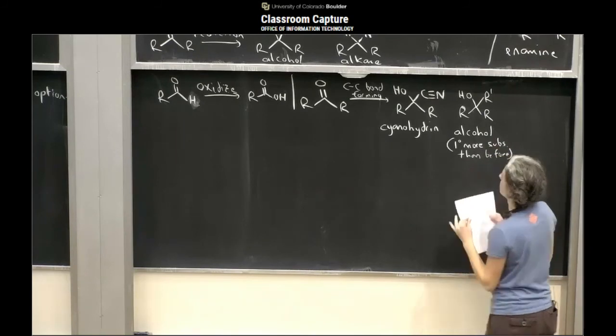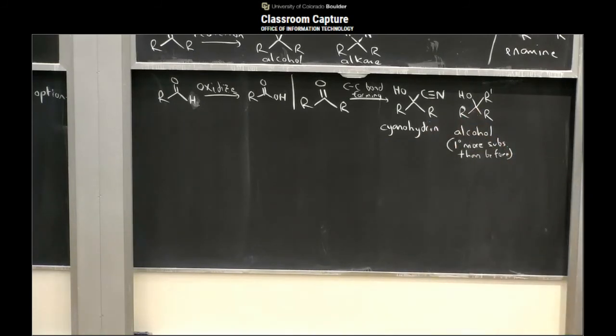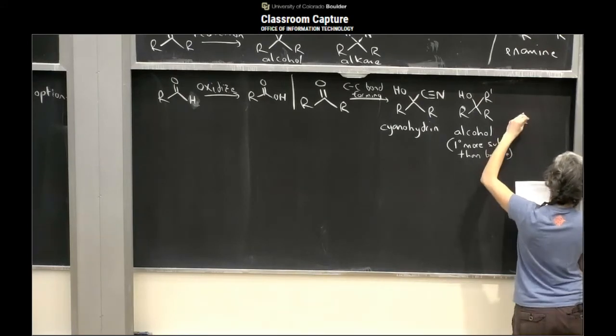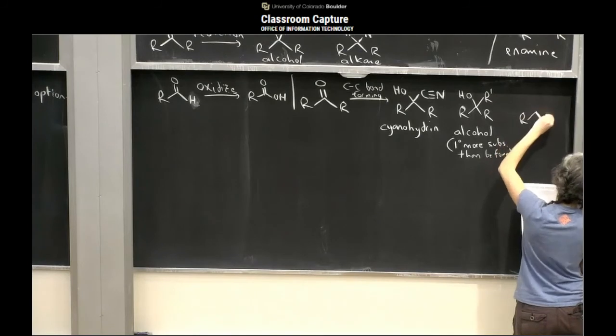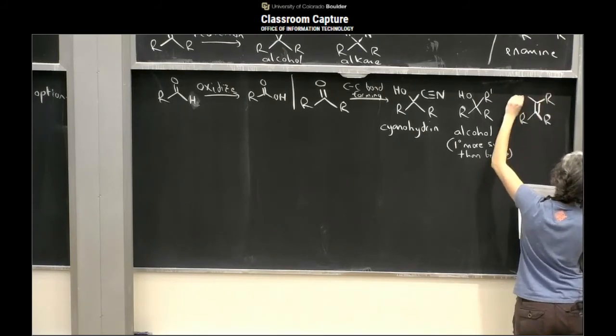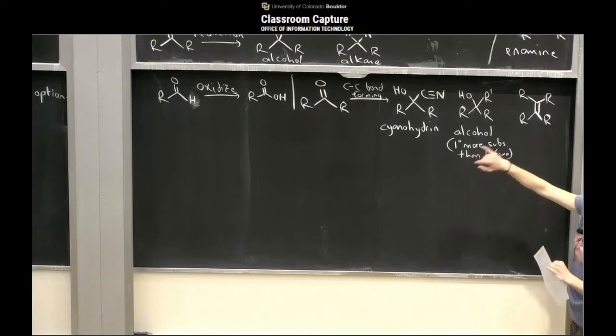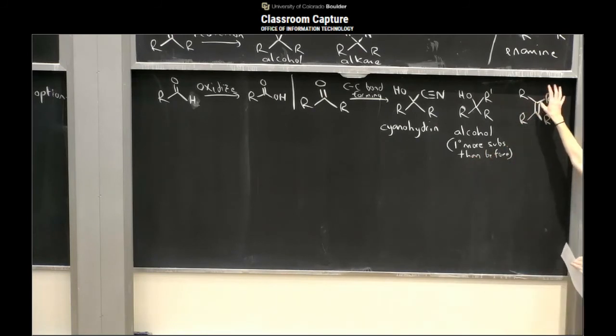So if you started with a ketone with two R groups on there, now you've got something with three R groups on there. And then finally, we'll cover this one right at the end of the chapter. We can actually do something that's kind of the opposite of ozonolysis and go from having a carbon-oxygen double bond to having a carbon-carbon double bond that ties into an entire other half of the molecule.